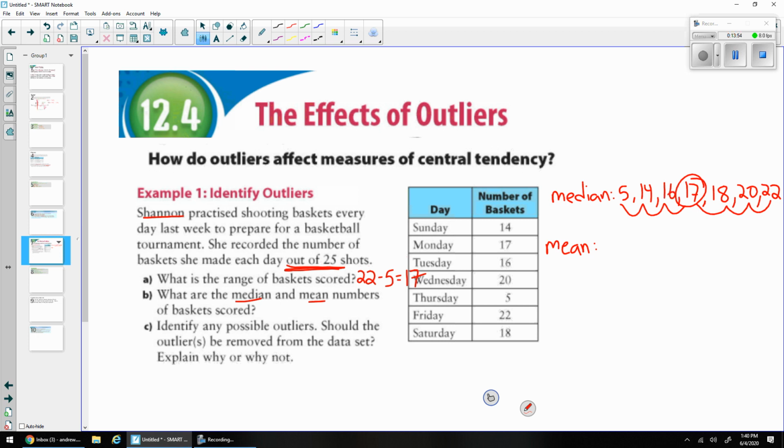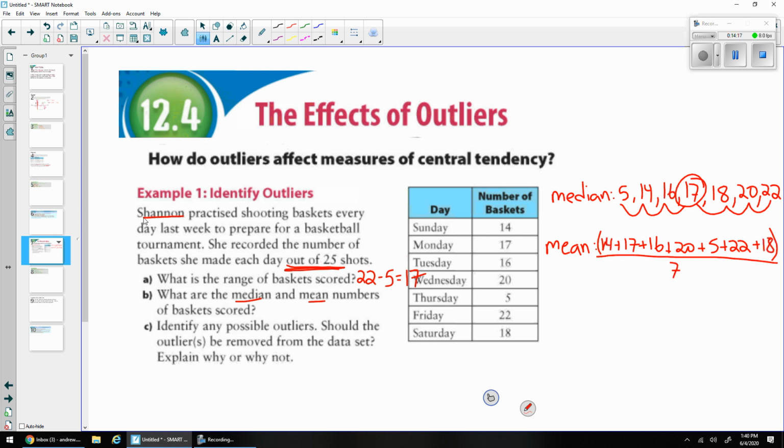would be that we add them all together. You add all your numbers together, 14 plus 17 plus 16 plus 20 plus 5 plus 22 plus 18. And then whatever that sum is, you divide it by how many numbers we have, which is 7, because there's 7 days of the week. So we divide that by 7.